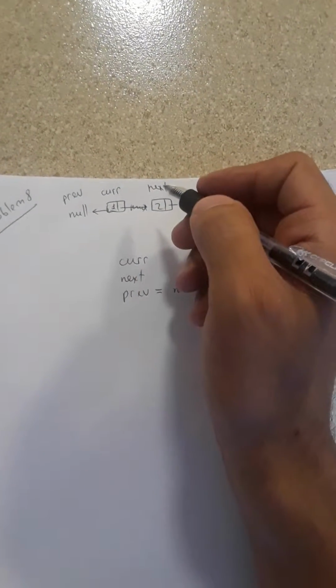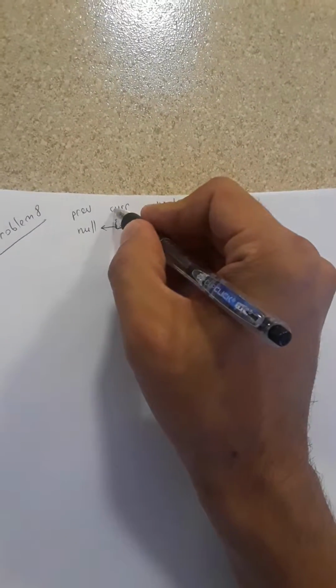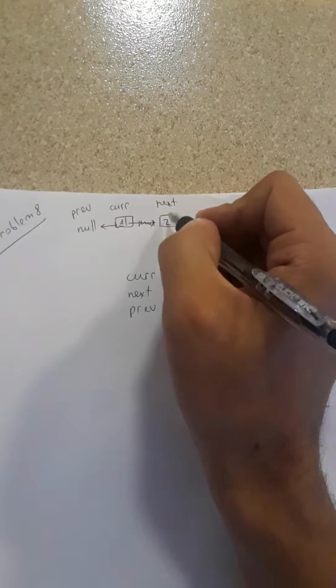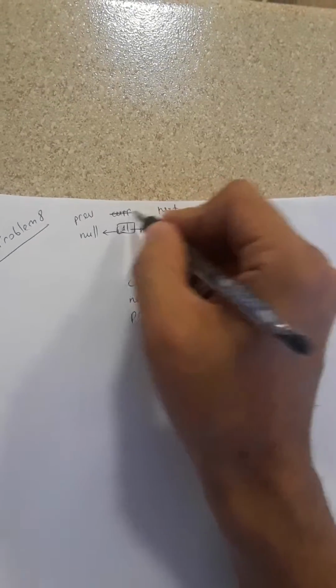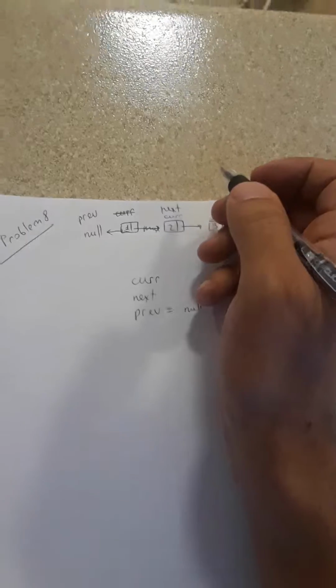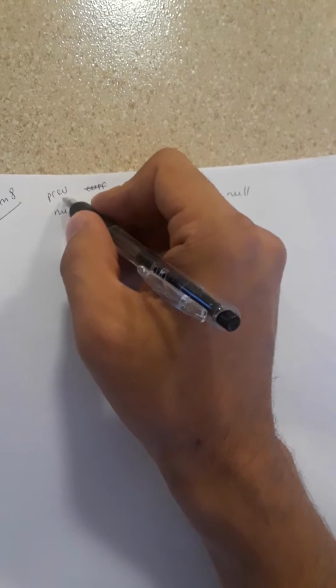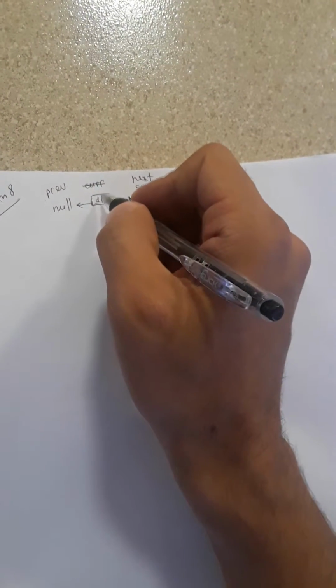After that, I will just move our current to the next node of the linked list. So we will just remove from here and make it equal to the next, and also we will move the node previous itself to the current.